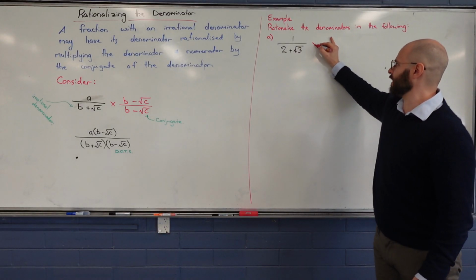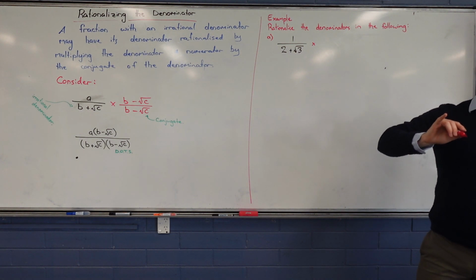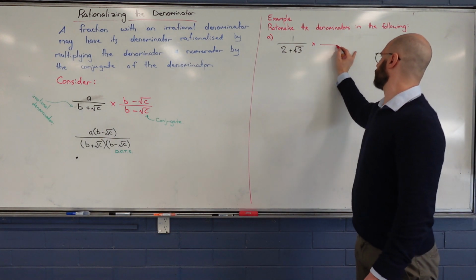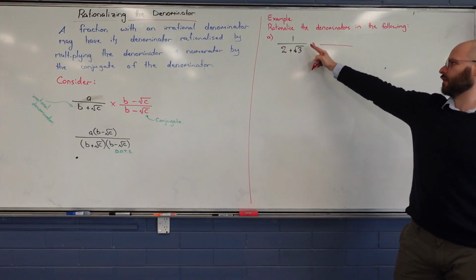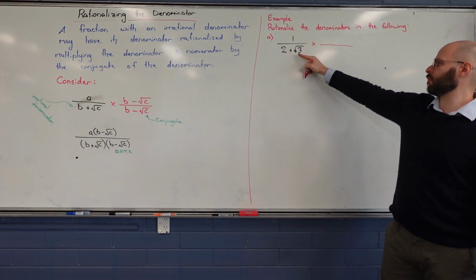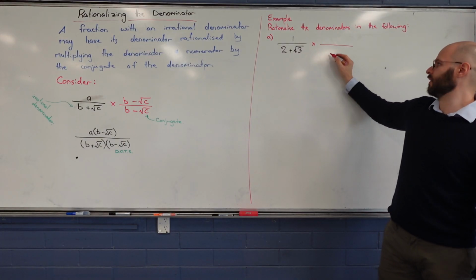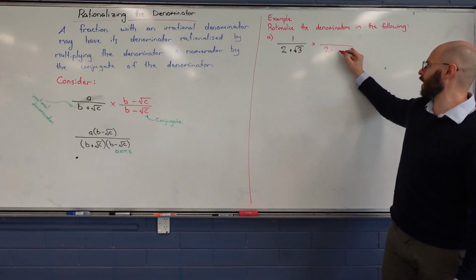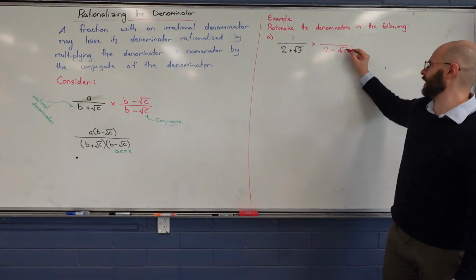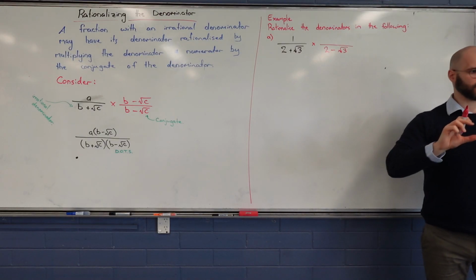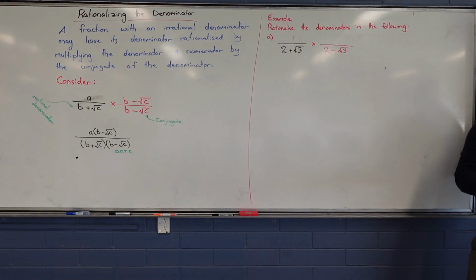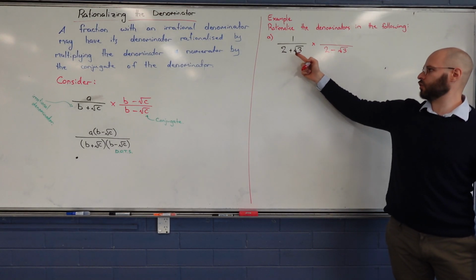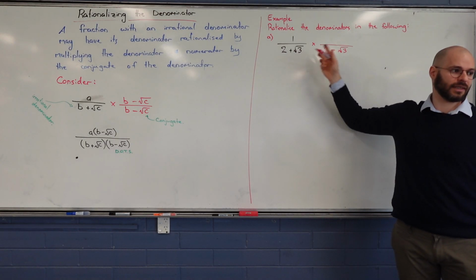So I can put my times symbol there and I'm going to multiply the numerator and denominator by the conjugate of this guy here. The conjugate is going to be 2 minus root 3, because all you need to do is flip the polarity of one of the terms. You could do the 2, you could do the root 3, it doesn't matter which one.